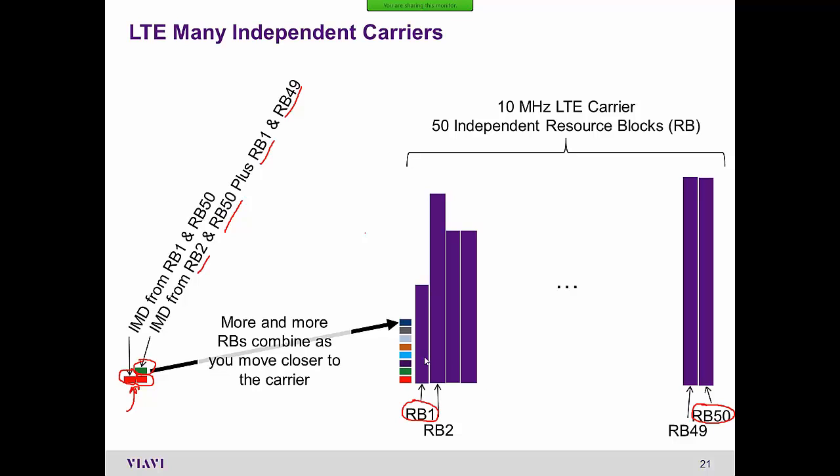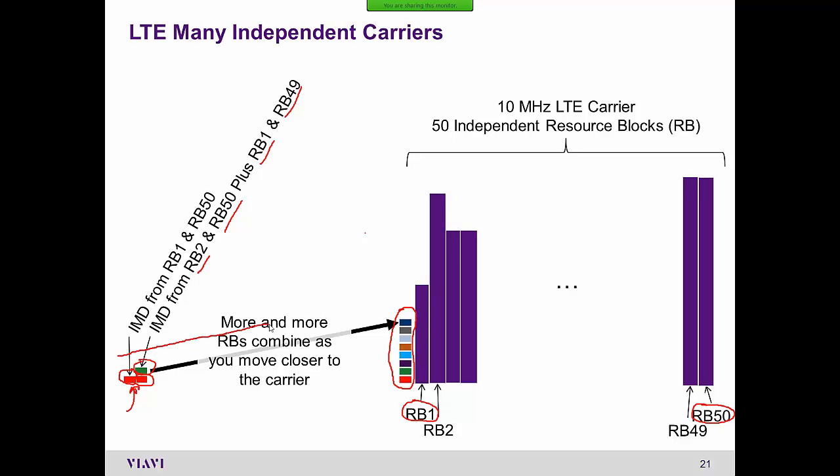So as you move in closer and closer to the carrier, multiples of those resource blocks inside the LTE carrier can now hit. As you get closer in, you'll get a bunch of different resource blocks that can turn on and produce power.